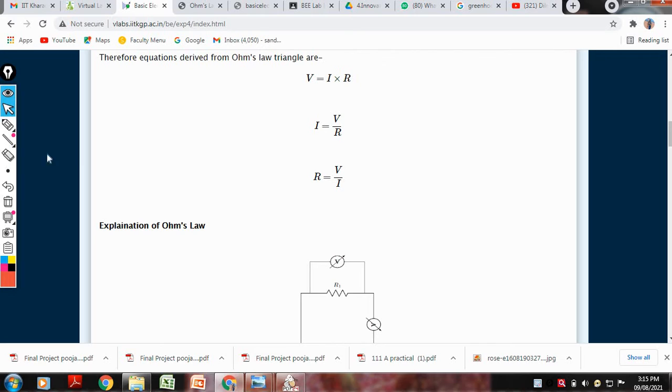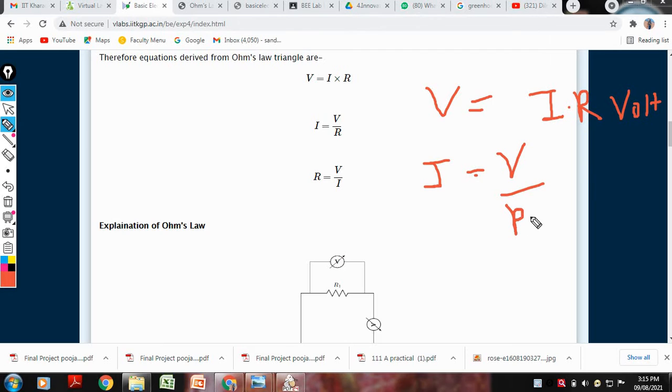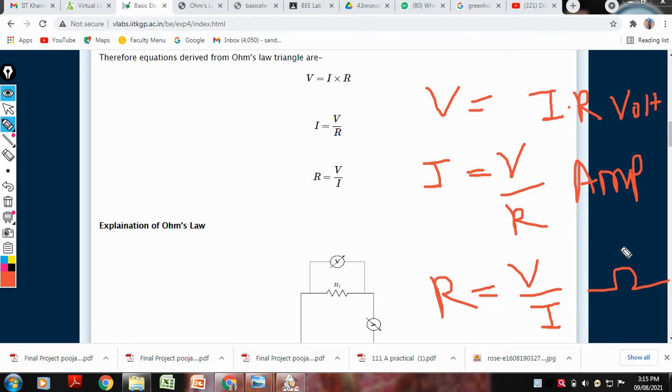These are the important parameters: V is equal to IR, measured in volt; I is equal to V by R, with current I measured in ampere; and R is equal to V by I, with resistance measured in ohm. These are the important equations using Ohm's law.